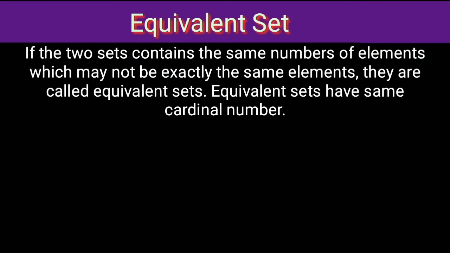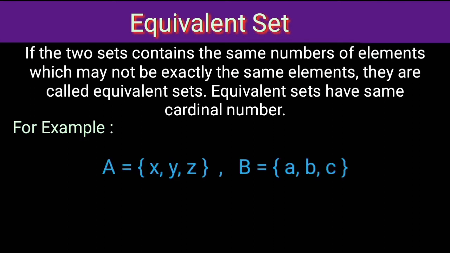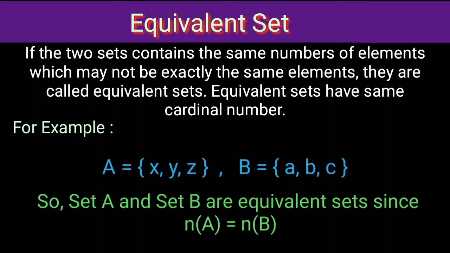Equivalent sets. If two sets contain the same number of elements, which may not be exactly the same elements, they are called equivalent sets. Equivalent sets have the same cardinal number. For example, set A contains 3 elements and set B again contains 3 elements only. So sets A and B are equivalent sets. We can write n(A) = n(B).